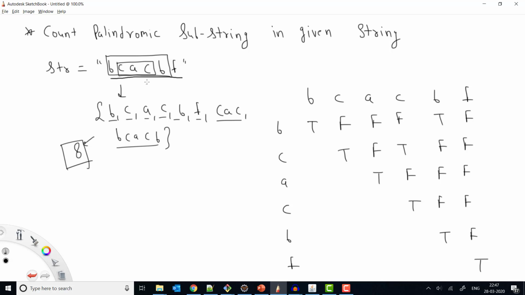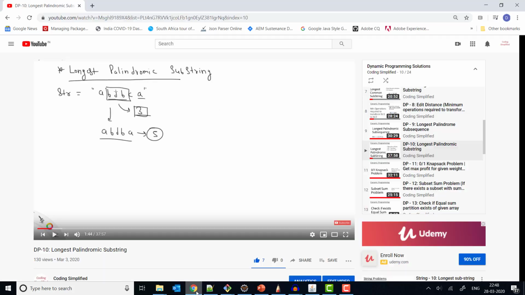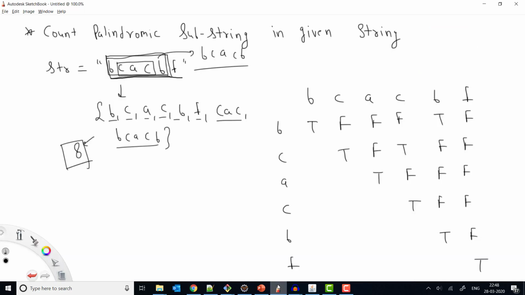In this case my longest palindromic substring has length 5, because here we have BCACB, which is exactly a palindromic substring. I would advise you to first go through that video if you haven't seen it, because to solve this current problem we'll take the help of that solution.